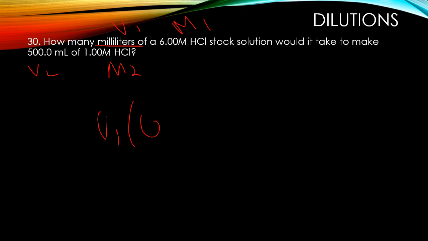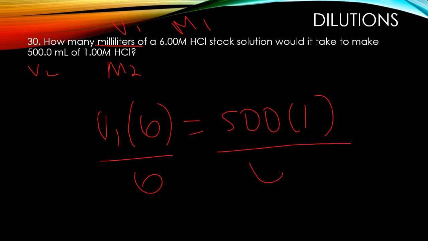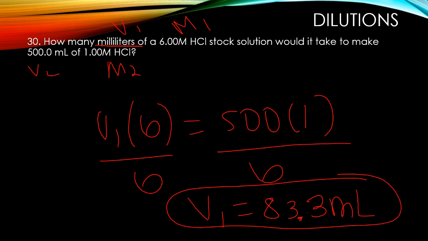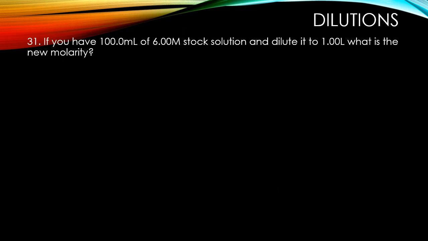So V1 times 6 equals 500 times 1. 500 times 1 is 500. Divide each side by 6. And the volume is 83.3 milliliters. And again, it's milliliters because my V2 was milliliters. If that was liters, then V1 would be liters.